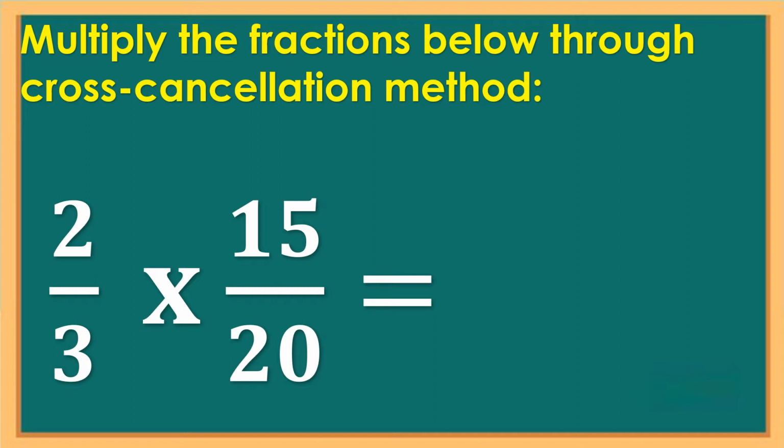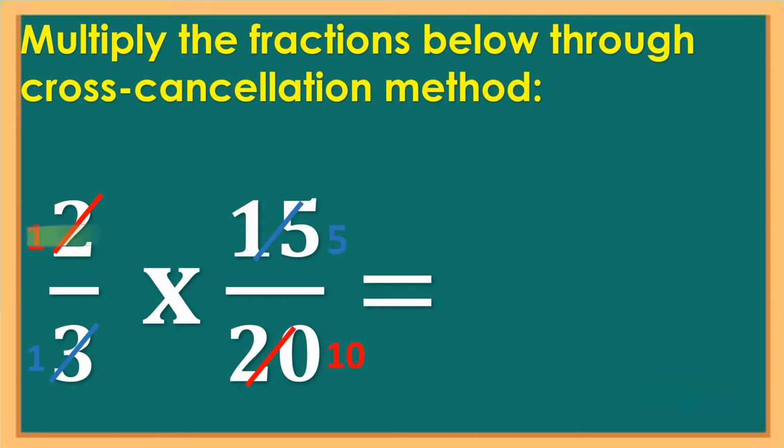By cross cancellation method, 2 and 20 have a GCF of 2. So 2 divided by 2 is 1, 20 divided by 2 is 10. For 3 and 15, their GCF is 3. 3 divided by 3 is 1, 15 divided by 3 is 5.